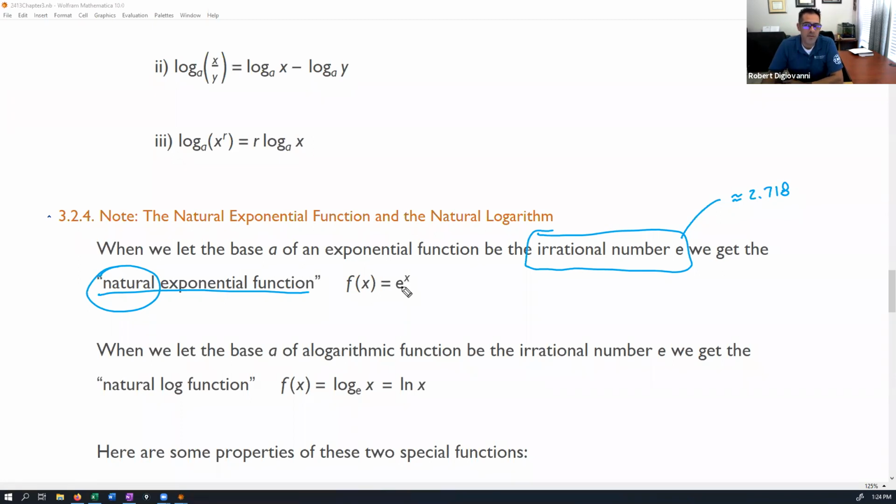No one remembers the professor saying why or anything? The professor didn't tell us for sure. I thought it was because it appears in nature. Someone said that there's a nature of it, right? Obviously it's important because we're calling it the natural exponential function.